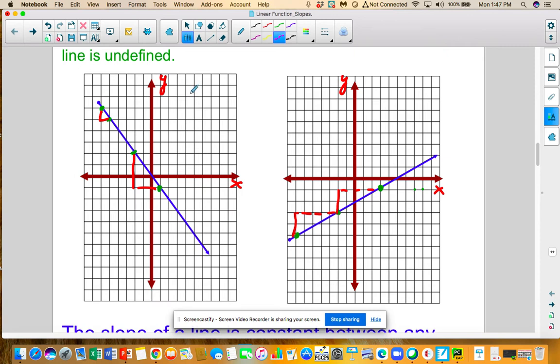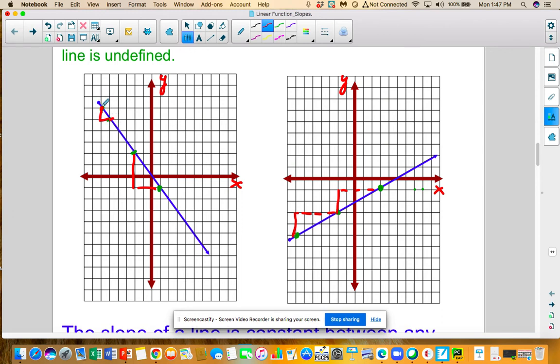But let's find it. So let's take this point right here and this point right here.